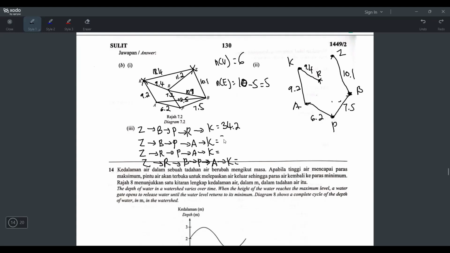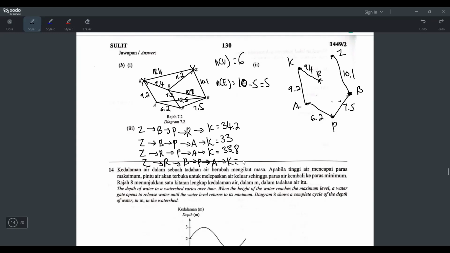So I got 33. Next one, Z R P A K. So Z to R 11.2, and then plus R to P 7.2, and then P to A to K 6.2, 9.2. Okay, so I got 33.8.